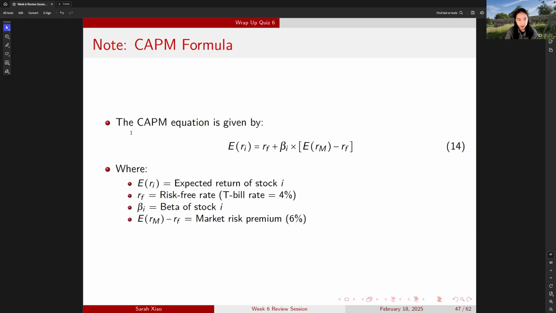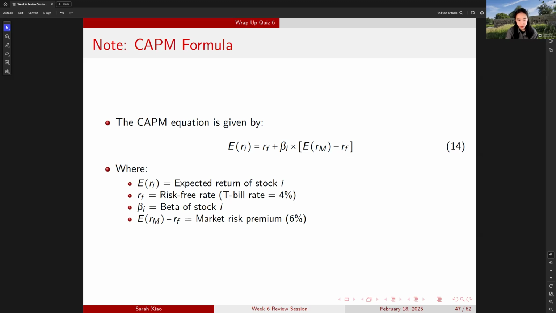So as a reminder, the CAPM equation is given by the expected return of stock I is equal to the risk-free rate plus the beta of stock I times the market risk premium.